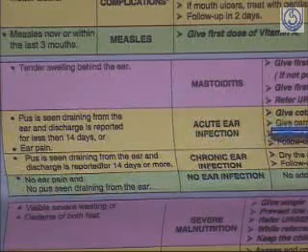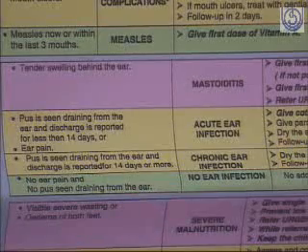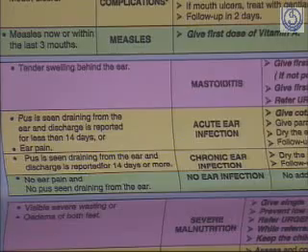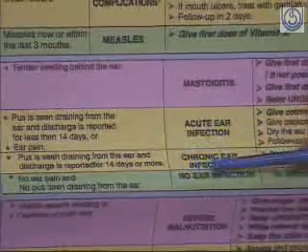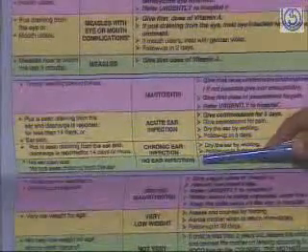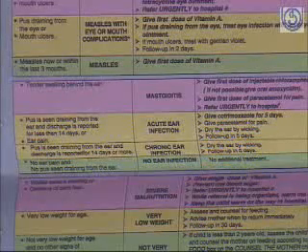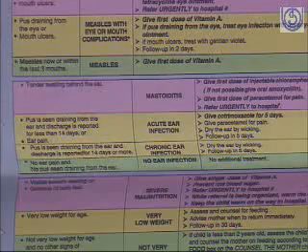Suppose this is not present, then come down and you find that you have seen pus draining from the ear, but the discharge is reported for 14 days or more, then the classification is chronic ear infection. And if none of these things are present, you again come down, there is no ear pain and no pus seen draining from the ear, then the classification is no ear infection.